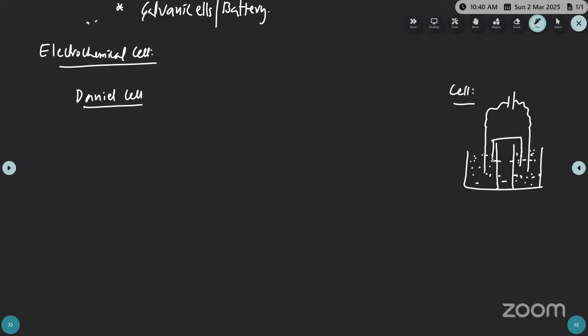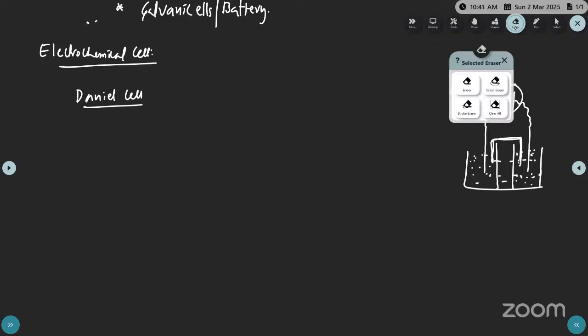The left side electrode is the anode and the right side electrode is the cathode. So this is the cell structure.